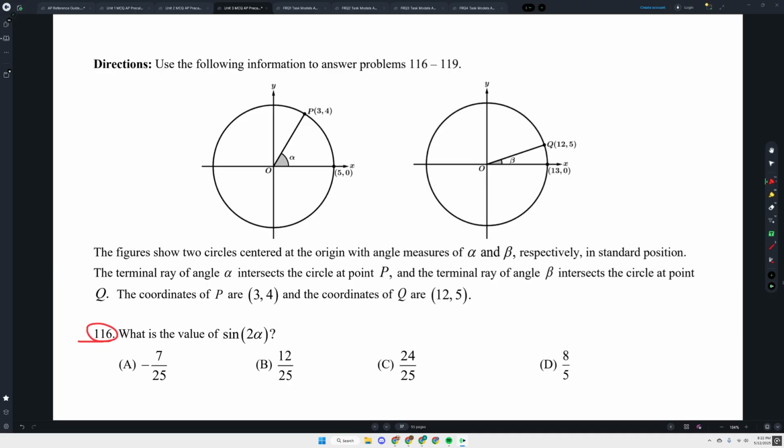Try 116. You don't have to know tan. The double angle identities, how you derive them is using sine and cosine sum and difference.